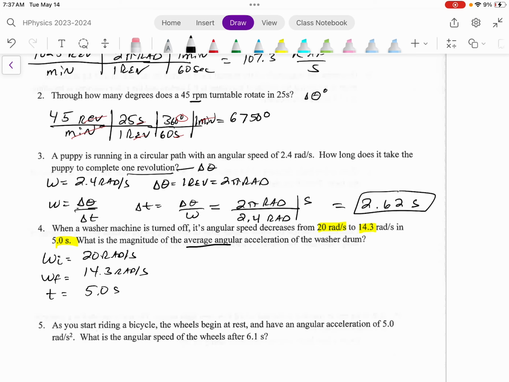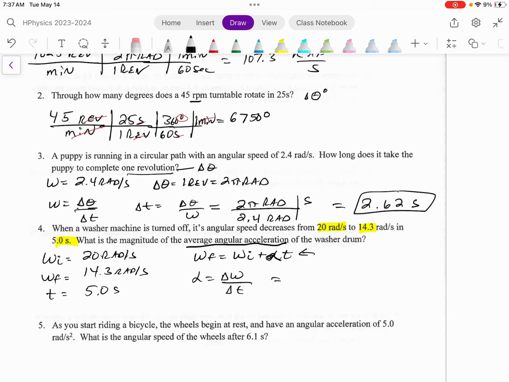They want the average angular acceleration. This is a 5, 4, 3, 2, 1 problem. And I can use this equation, that's alpha. Or I could use the definition of alpha. Same thing. It actually, this equation was derived from the definition. So change in angular velocity divided by time will give me the angular acceleration.